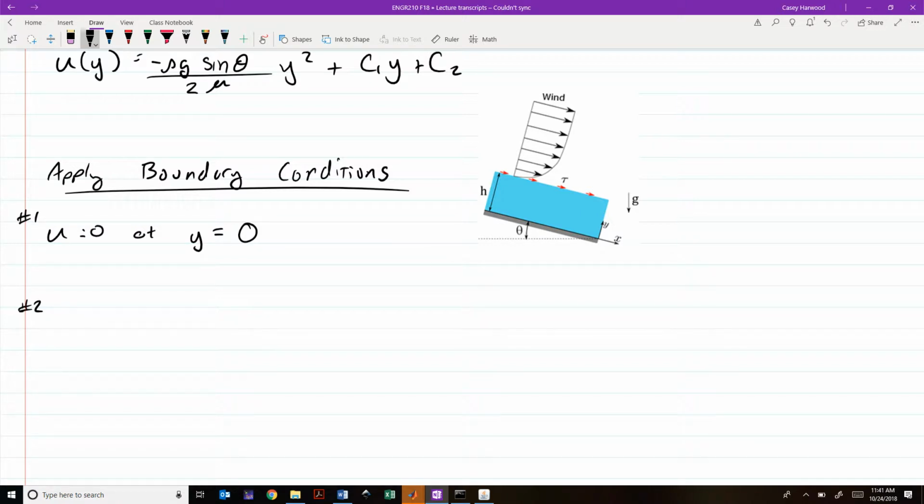Boundary condition number 2. This one's a little bit trickier. Any thoughts? There's a clue right here. We've been told that there's a breeze blowing past the surface of the water, and it exerts a shear stress. How do you write the shear stress based on the velocity?